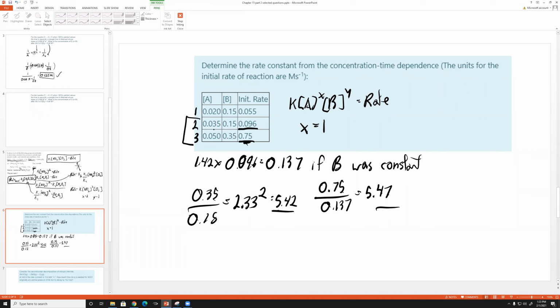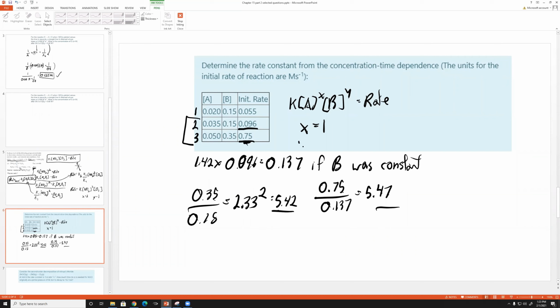So having both of those mechanisms at the same time means that when A increases by a certain amount, the same amount is the increase of the rate. But when B increases by a certain amount, that amount has to be squared and applied to the initial rate, accounting for this large rate increase.